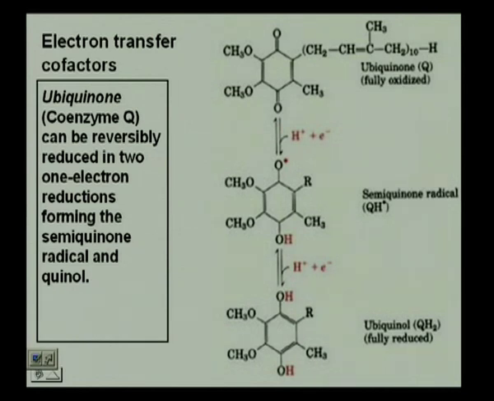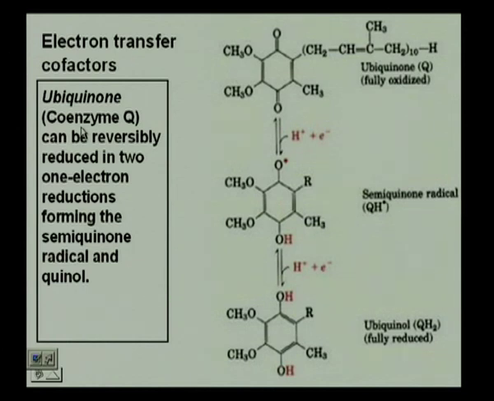It is useful when we get into the reactions that take up the protons and electrons for the transfer of protons from the matrix space to the intermembrane space. So, coenzyme Q, or just Q as I said, can be reversibly reduced in 2 one-electron reductions, forming the semiquinone radical and finally the quinol. That is where its importance lies.